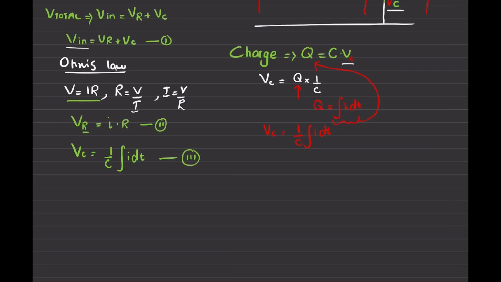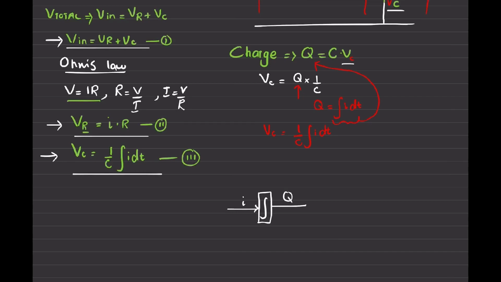So we'll be using equation number 1, equation number 2, and equation number 3, which are underlined, and I'm just going to put an arrow as well. So these are the equations that we have to draw. Now we know from our previous knowledge of electronics that if I integrate current, I will have a charge in my output, and if I multiply this charge with 1 on C, it will give me a result of VC.